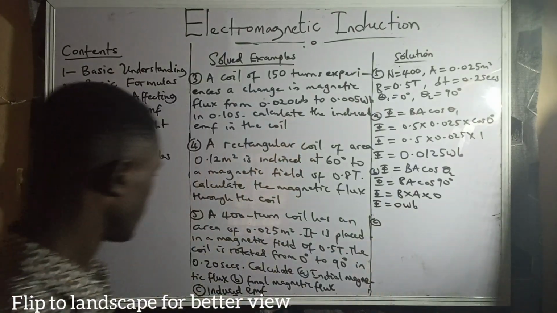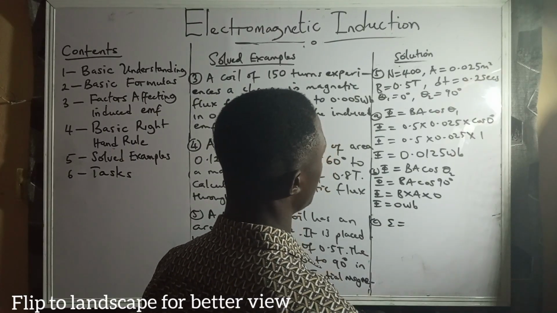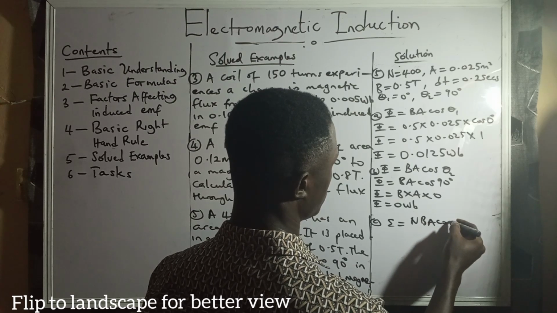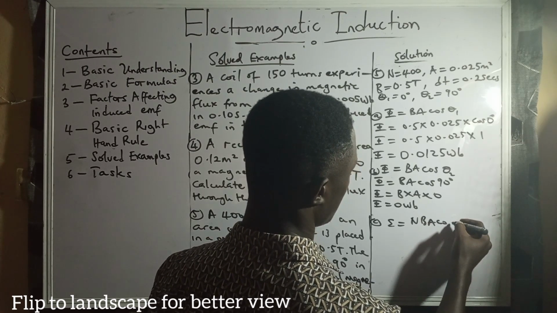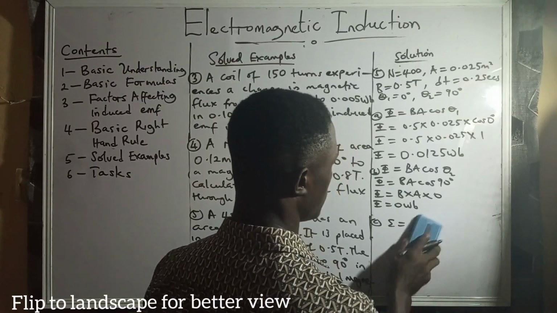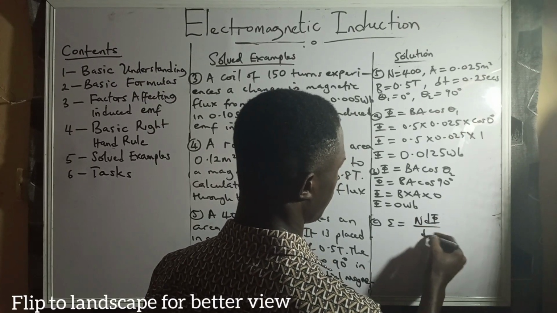Then C, induced EMF. Let us use E is equal to N times the change in magnetic flux over dt.